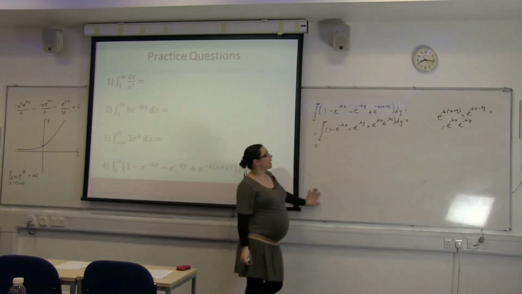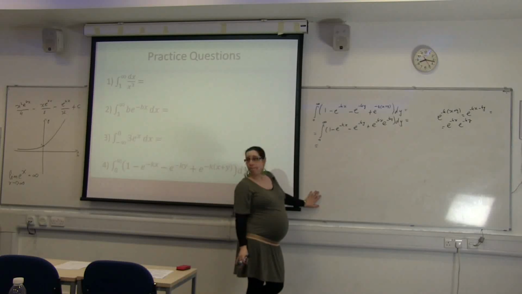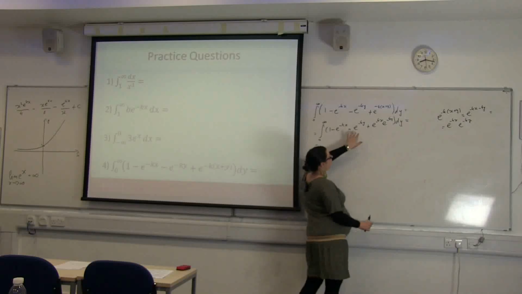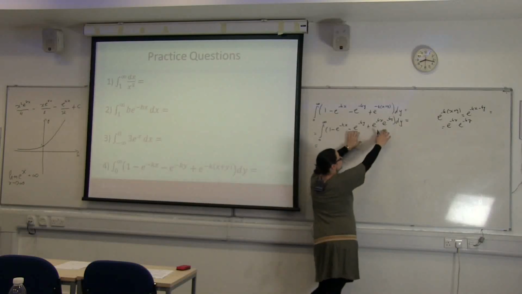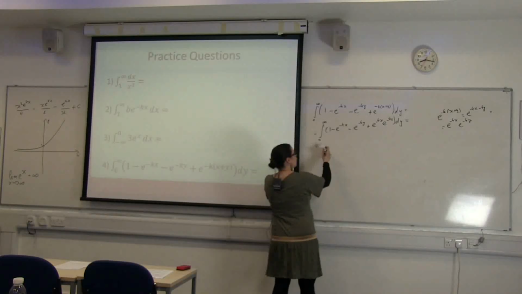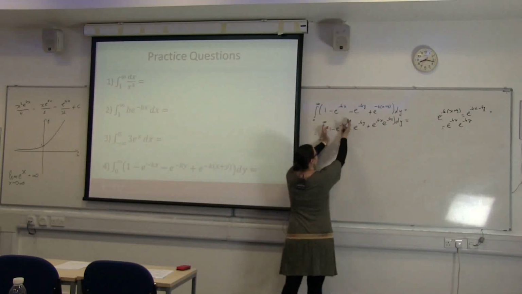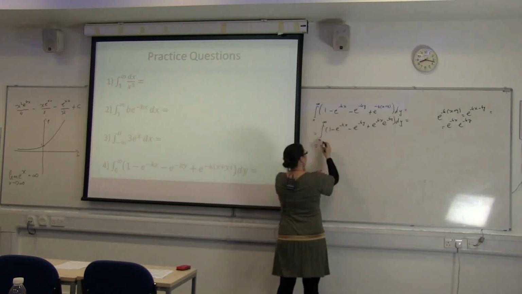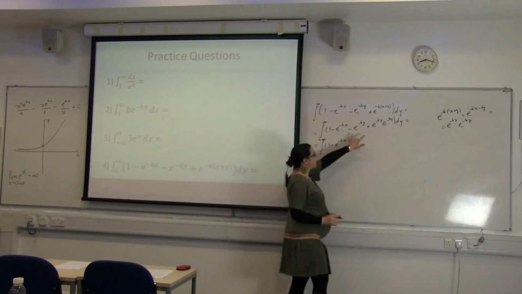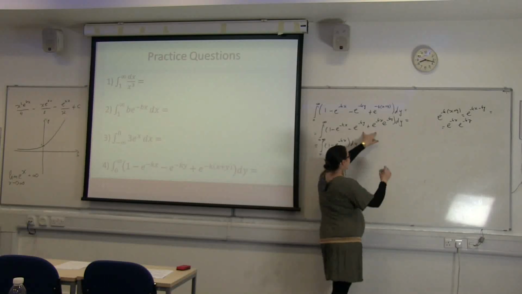Why was that good for me? Because what I can see now is the minus e to the minus, not cancel out, factor out. So these two terms do not have y in them, so I'm going to treat them as one integral. And here I can factor e to the minus ky out.